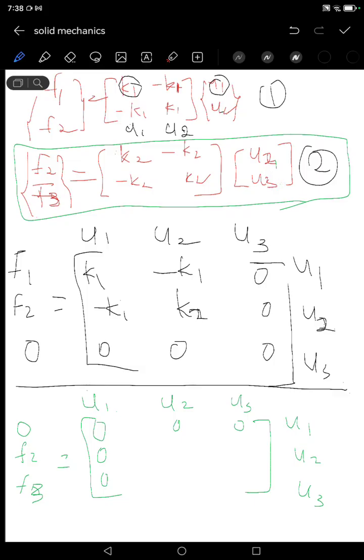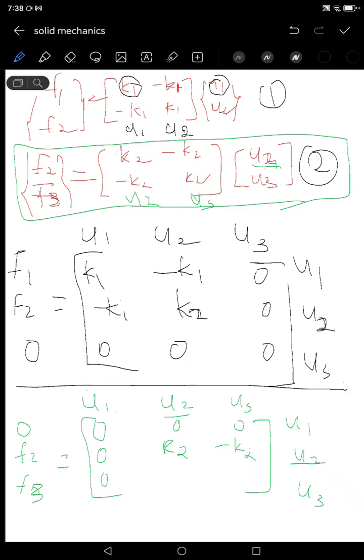Now let's come to u2 and u2, which is k2. Then u2 and u3, which is negative k2.